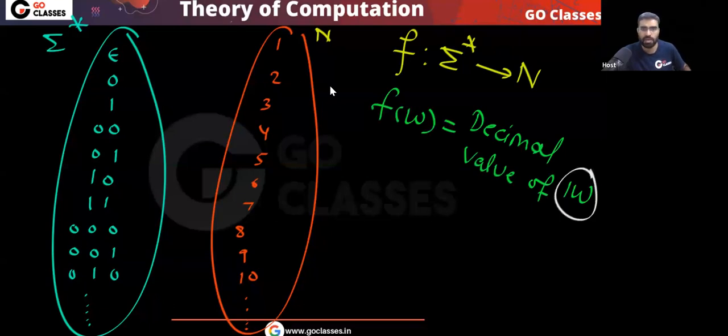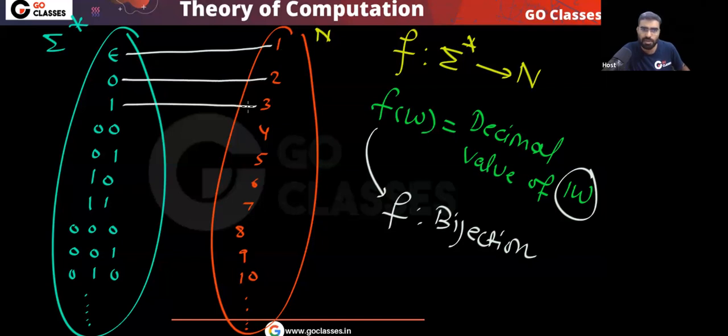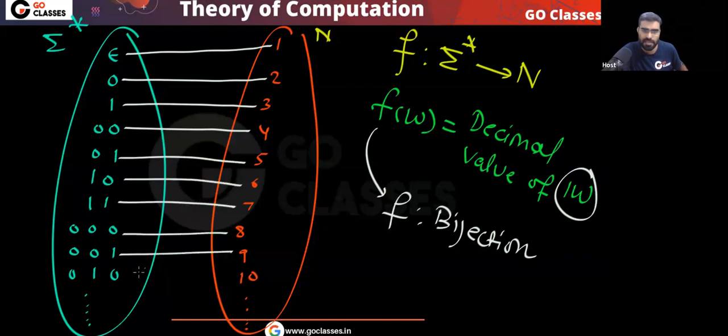Now, can you notice this function f is a bijection? You can see the image of epsilon will be 1. The image of this will be 2, then 3, 4, 5, 6, 7, 8, 9, 10. Can you notice? A beautiful bijection we got, just by a clever idea of putting 1.